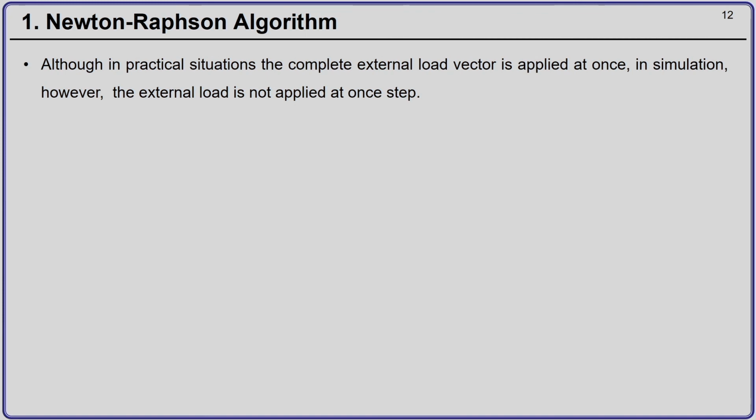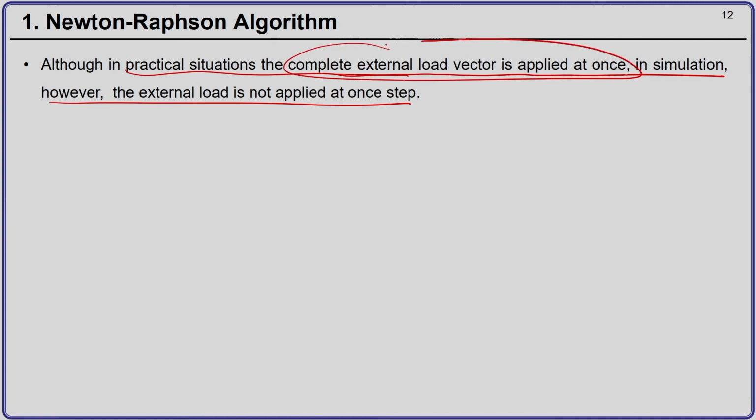So, an important point to now note is that in practical situations, the complete external load vector is not applied at once. Okay. So, when you see an actual case going on, the complete external load will be applied at once. However, in simulations you cannot apply this total external load at once, because you may face convergence issues, or the worst of all, you may not even get a solution.